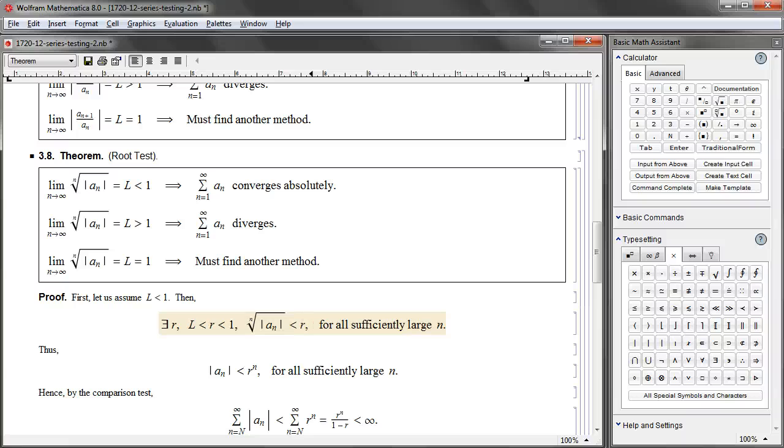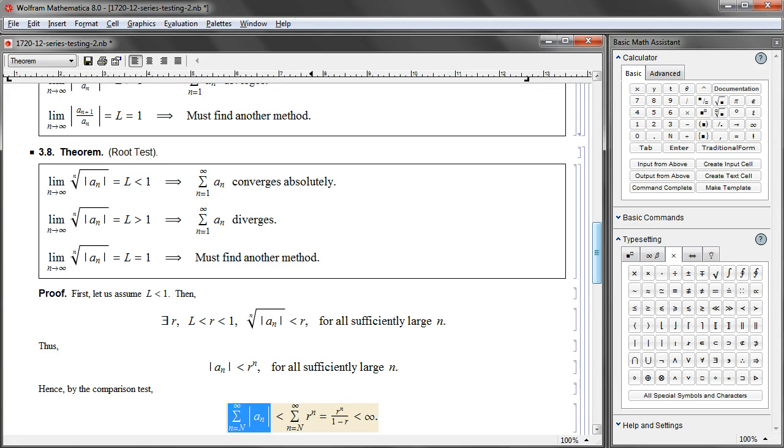Now, if we take the nth power of each, then we have a_n in absolute value is less than R to the nth power. Consequently, we have a geometric series again. And then let's measure the tail part of the series, and that's going to be less than the geometric series R to the nth power, and that's always convergent. Geometric series converges.